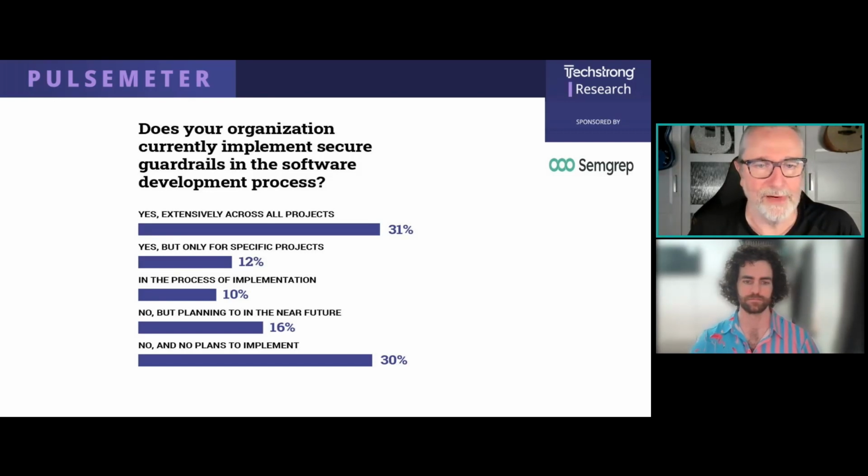Leif, what's your reaction to this? Any of those numbers jump out at you as, I didn't expect that, or maybe you did? To be honest, I would have expected them to almost be the exact opposite. I would have expected the three in the middle to kind of dominate the percentages.